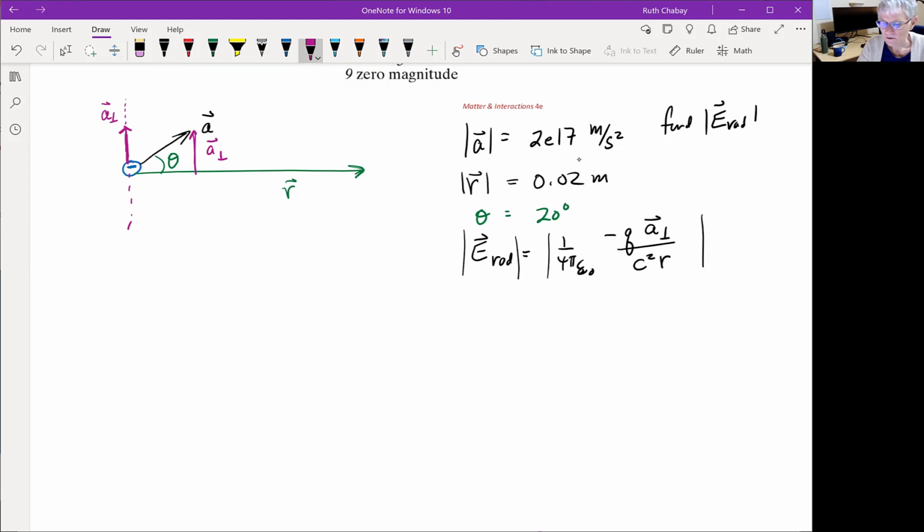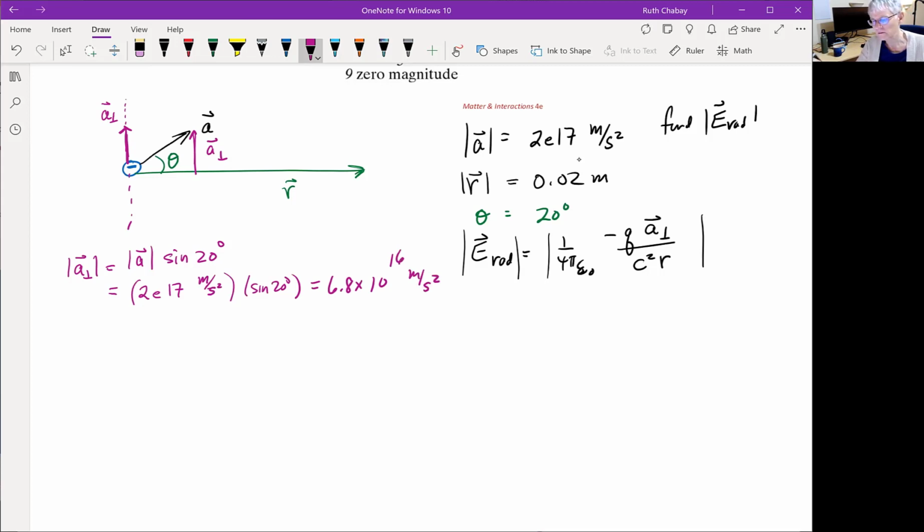And so the magnitude of A perpendicular is just equal to the magnitude of A times the sine of 20 degrees, which is 2 times 10 to the 17th meters per second squared times sine of 20 degrees. And it's 6.8 times 10 to the 16th meters per second squared. So less than the full, smaller than the full acceleration.